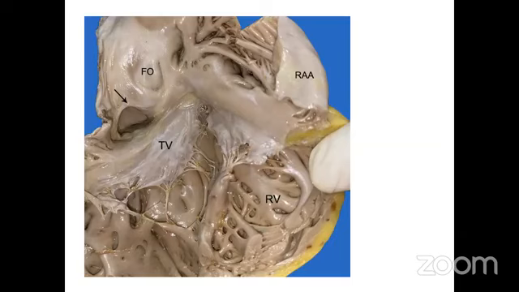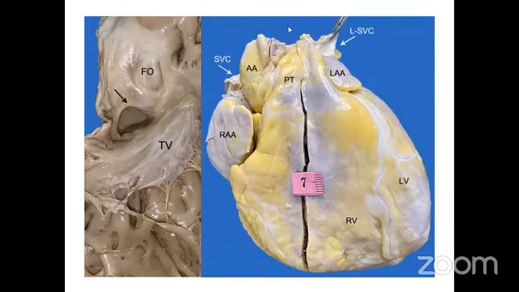So the moment we have a dilated coronary sinus, it means that the patient has had a cardiac failure, or there might be an anomalous venous drainage into the coronary sinus. And in the adult patient, this anomalous vein that drains into the coronary sinus is the left superior vena cava.